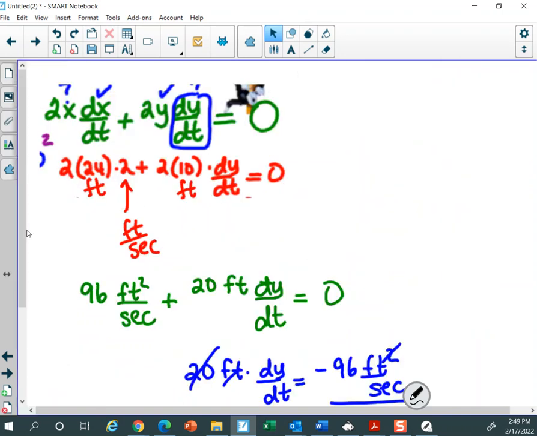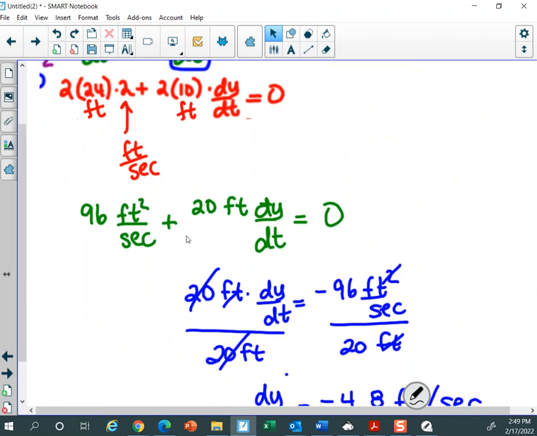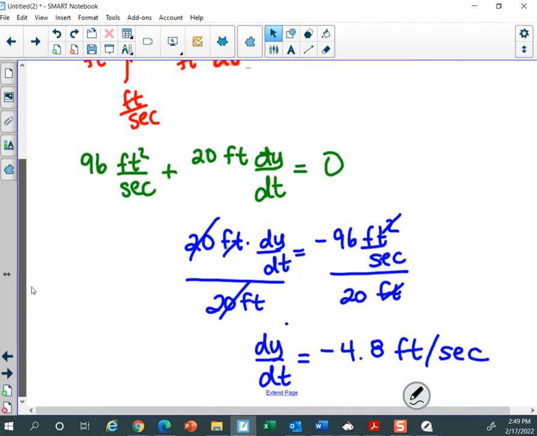Okay. So as X is getting bigger at a rate of 2 feet per second, Y is getting smaller at a rate of negative 4.8 feet per second. Just because one variable is changing at one rate doesn't mean that the other variables are changing at the same rate. That's basically one of the reasons we have calculus, because Newton wanted to study that. He wanted to talk about how the rate of change in one variable affects another.